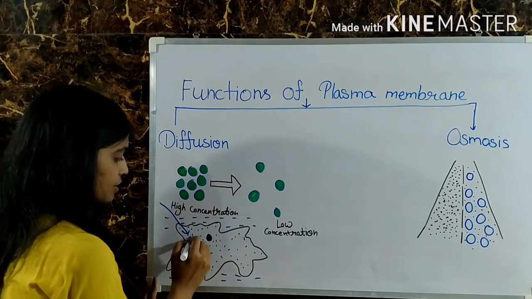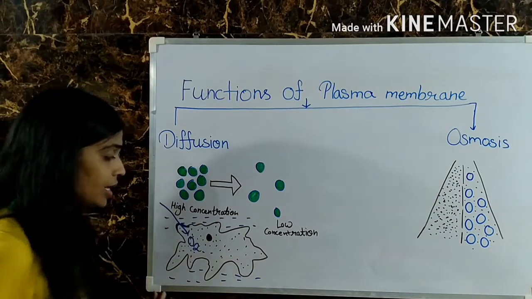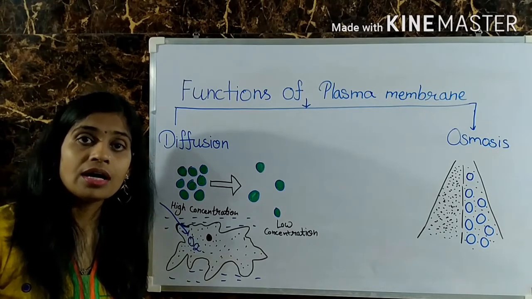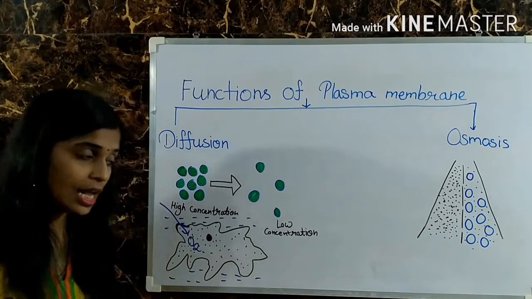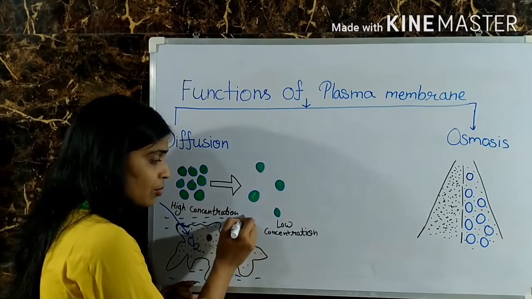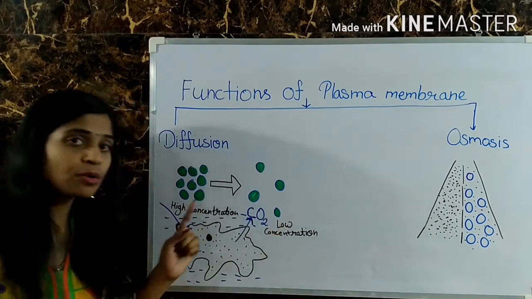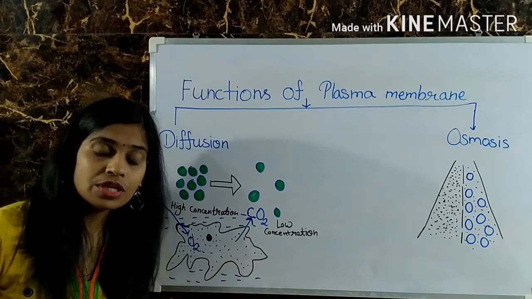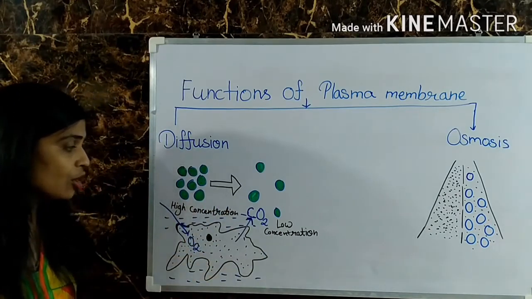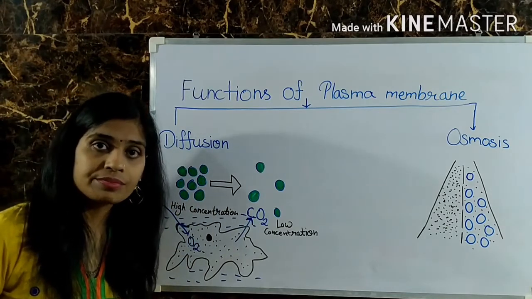The oxygen diffuses through this cell membrane, and through the process of respiration, the amoeba releases carbon dioxide, and that carbon dioxide is expelled out into the water body, and this process is called diffusion. So friends, now you can understand very well how diffusion takes place in unicellular organisms.